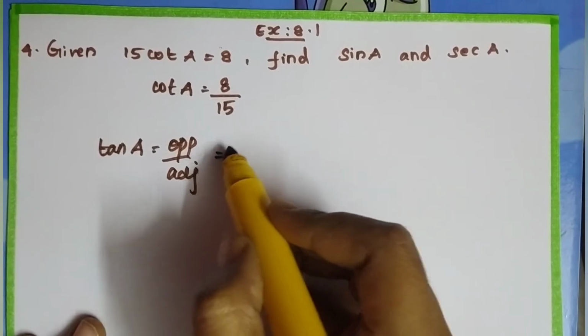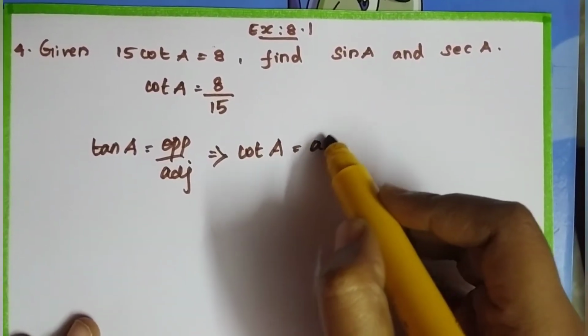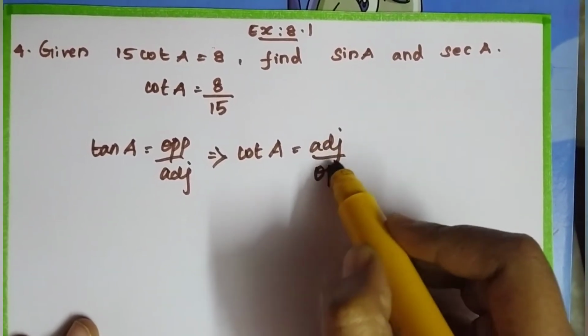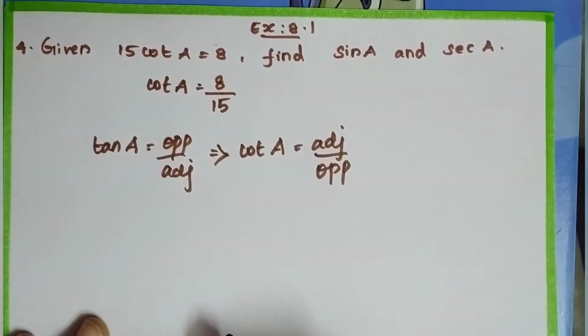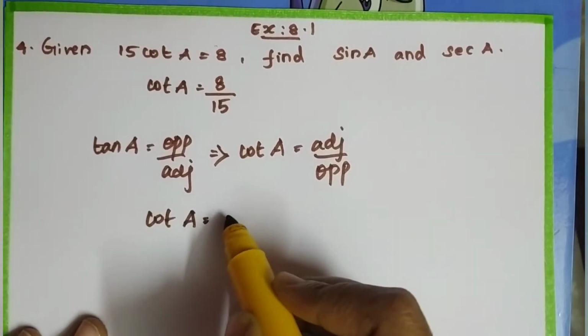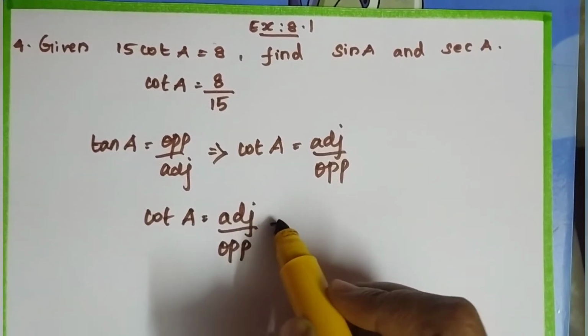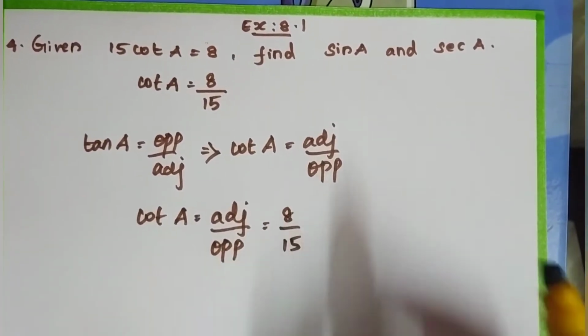So, what is for cot? Cot A is equal to adjacent by opposite, that is 8 by 15.